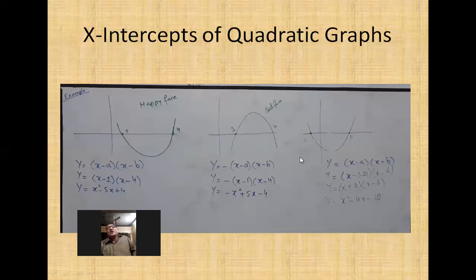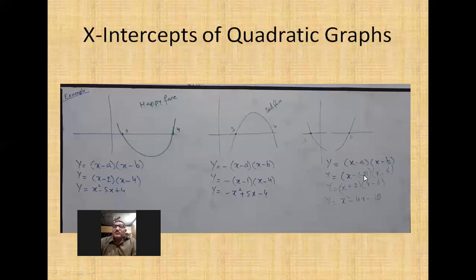Look at this example number 3. Here the x-intercepts in the graph are given to us. If you look at the shape of this graph, you will see that the x-intercepts are minus 2 and 6. So y equals, because it's a happy face, y will be equal to (x minus a)(x minus b), where a and b are minus 2 and 6.